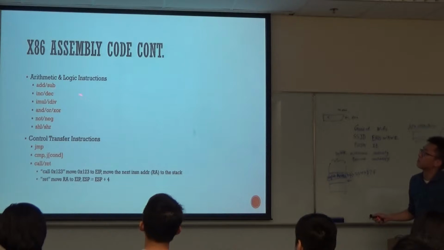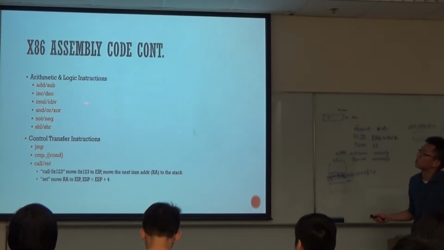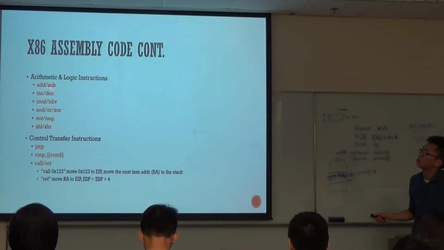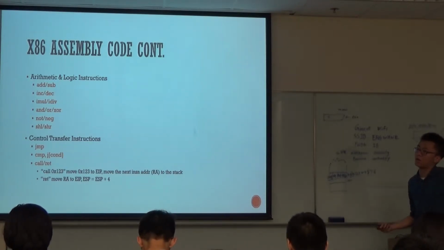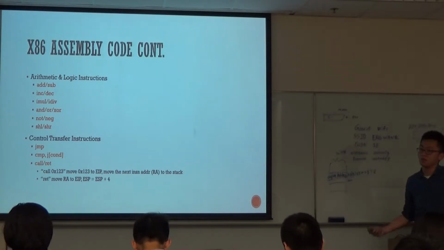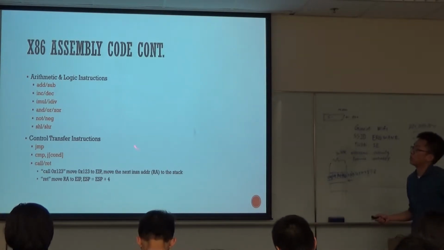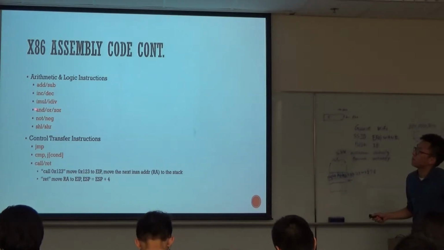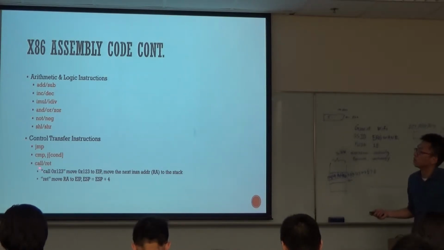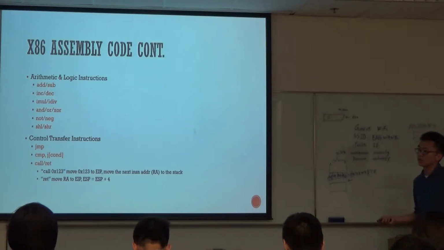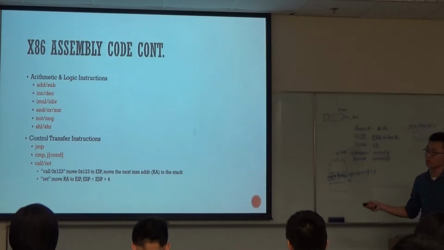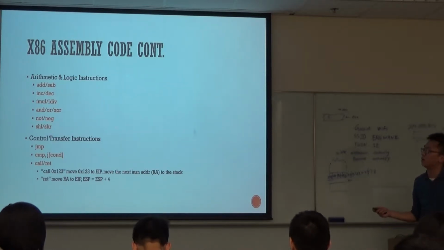There are arithmetic and logic instructions like add, addition, subtraction, increase and decrease. For example, increase EAX, then EAX is increased by 1, decreasing EAX, then EAX is decreased by 1. And multiplication, division, AND, OR, XOR operations, and NOT, negative, and shift left, shift right. Yeah, it's okay if you don't know the exact meaning. Just Google it when you encounter these instructions.